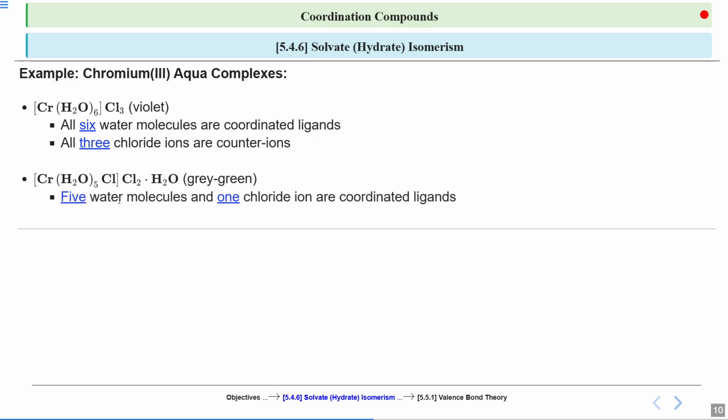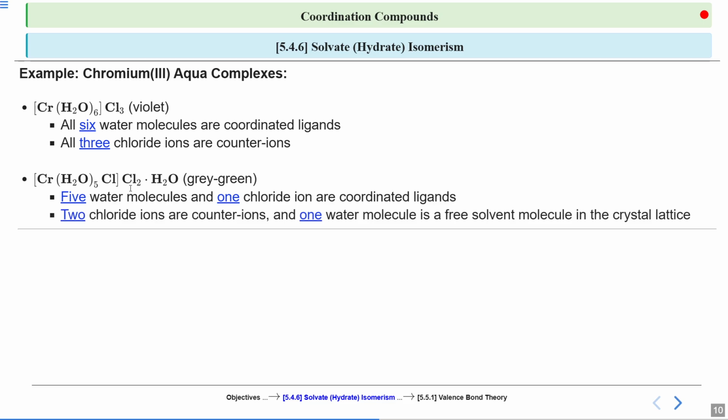So here 5 water molecules and 1 chloride ion are our coordinated ligands, 2 chloride ions are our counter ions, and 1 water molecule is a free solvent molecule present in our crystal lattice.